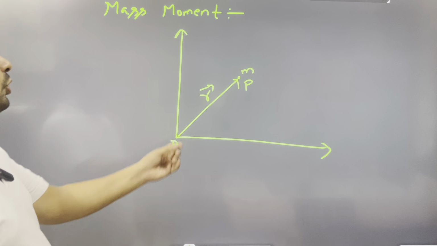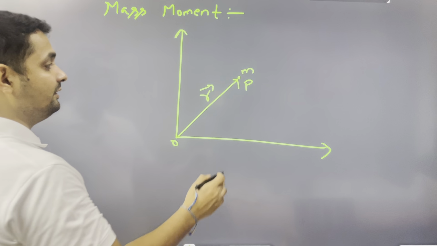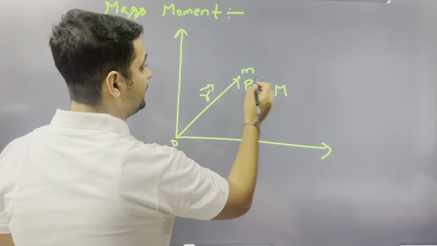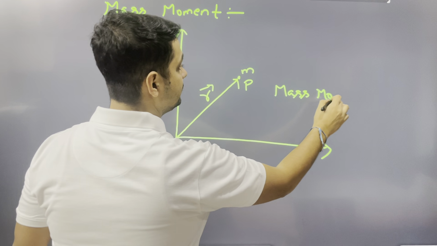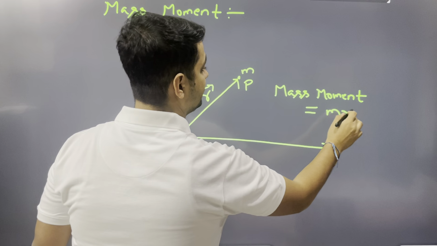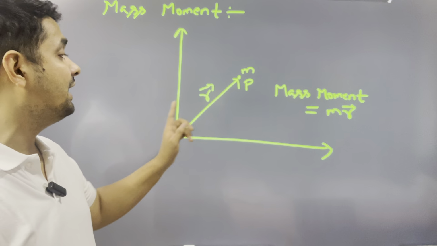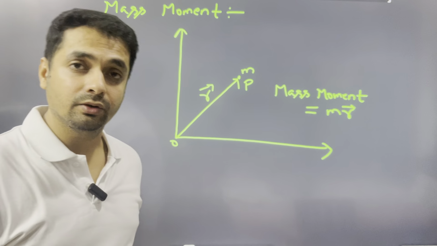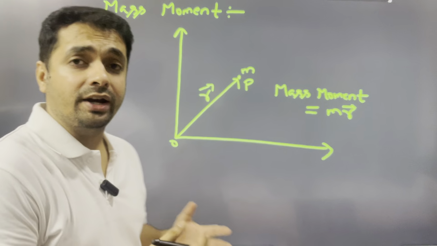The mass moment of this particle at point P is defined as m r vector, where m is the mass of the particle and r vector is the position vector.